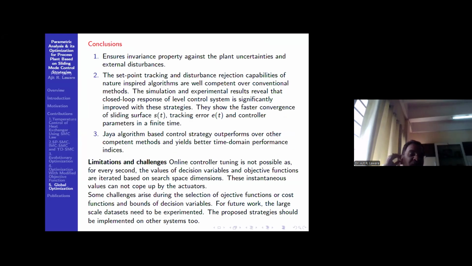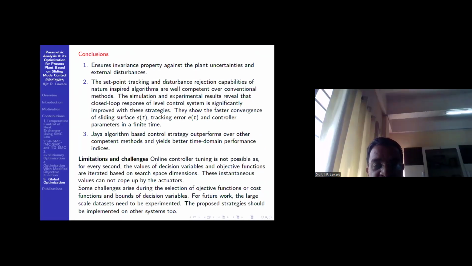So the conclusion verifies the invariance property, set point tracking and disturbance rejection capability. It is very good for the bio-inspired algorithms, and it shows the fast convergence of sliding surface and tracking error as well as controller parameters. And Jaya shows the better performance than the other reported strategies.